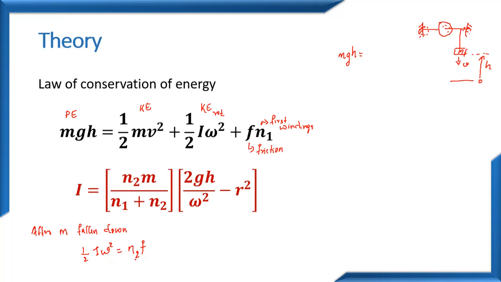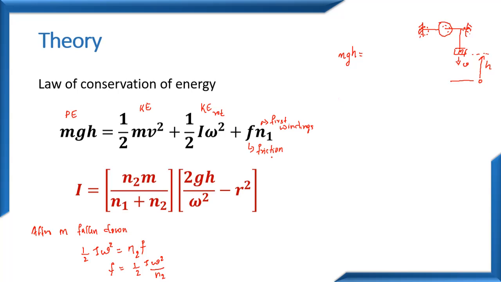Therefore, I can equate these because the kinetic energy of the body is dissipated as frictional energy. So I can write half I omega square is equal to N2 F. From this, I can write an equation for F, that is, F is equal to half I omega square divided by N2. So I wish to substitute all these together and find an equation for this.